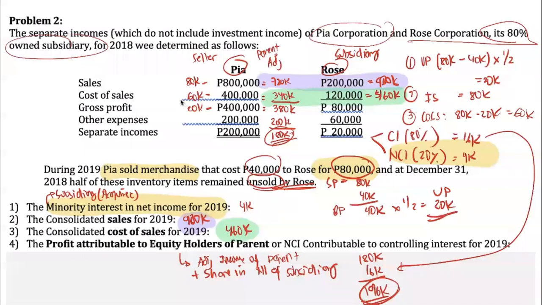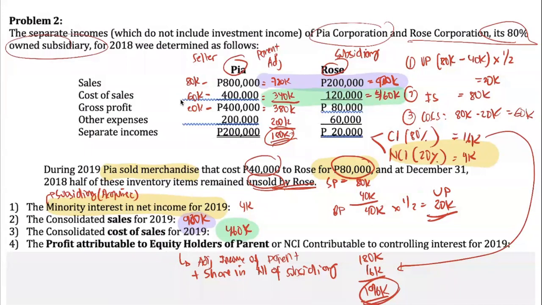Next, cost of sales adjusted, 340 plus 120, 460,000. Pag profit attributable to equity holders of parent or the net consolidated income attributable to controlling interest, that is the adjusted income of parent, 180, plus share in net income of subsidiary, 16,000, 196,000.